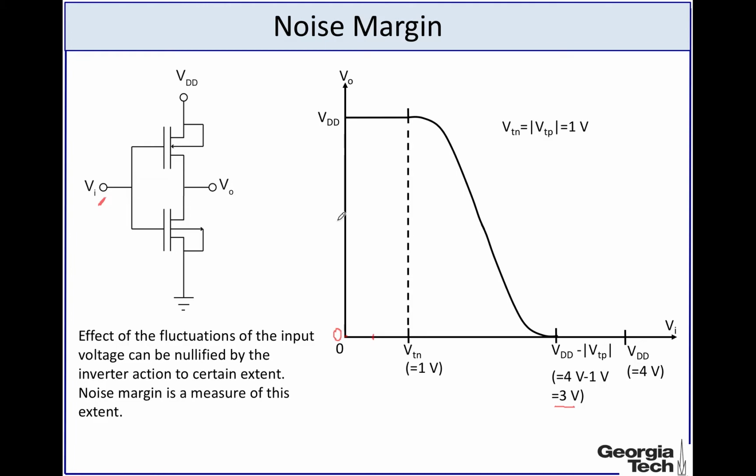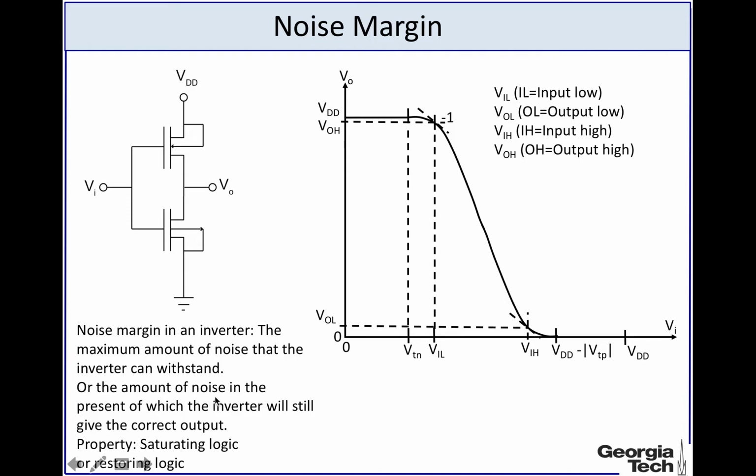The reason is that there can be some noise in the circuit, and essentially what the shape of the voltage transfer curve tells you is that the effect of fluctuation or noise in the input of an inverter can be nullified by the action of an inverter to a certain extent. And what noise margin does is it basically tells you to what extent these fluctuations can be nullified in an inverter. It's basically a measure of the efficacy of an inverter in nullifying the fluctuations.